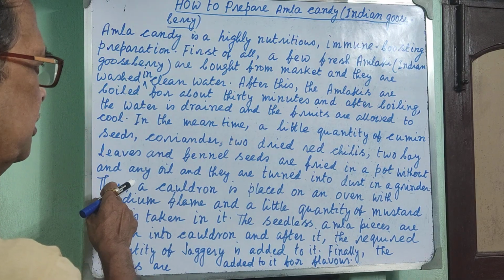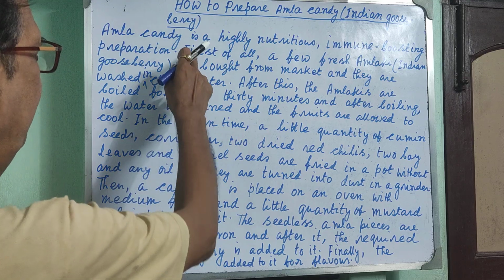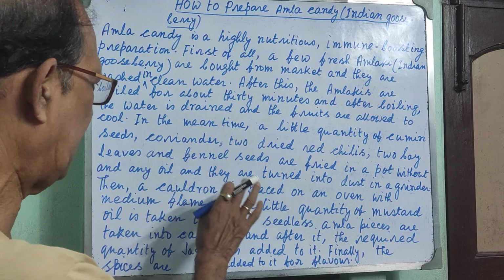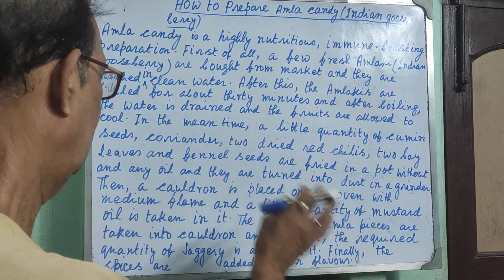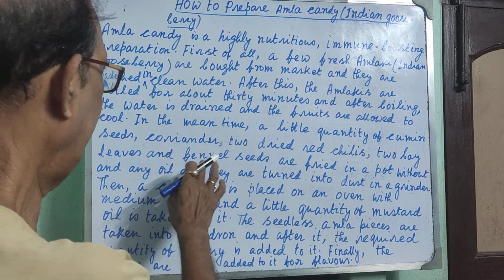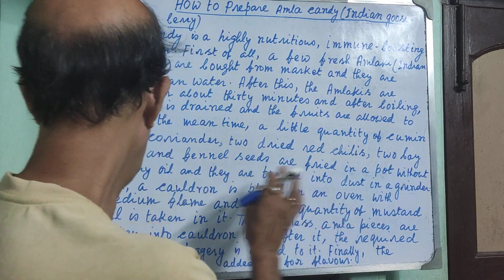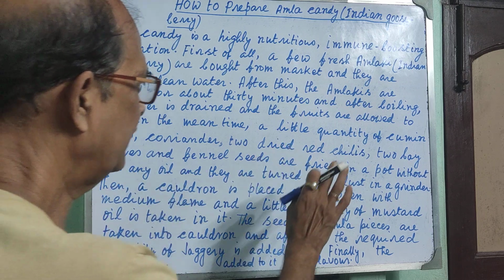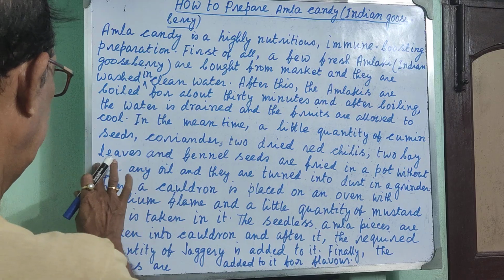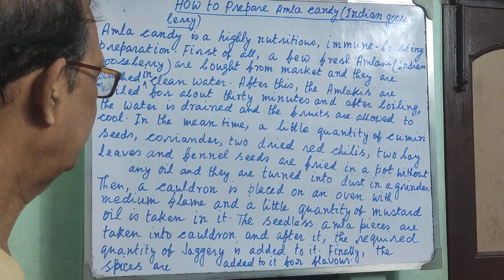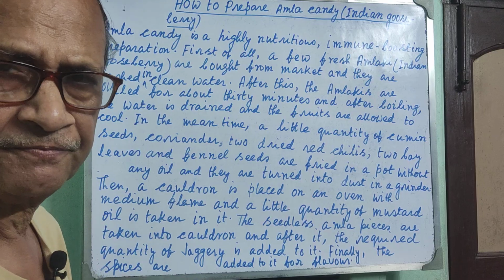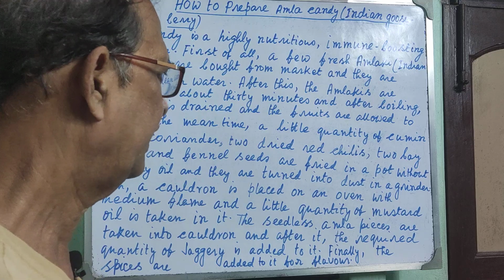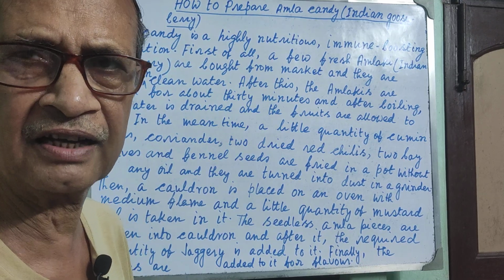Then you see that I have used then, here, in the meantime, first of all, etc. And the fried ingredients are turned into dust in a grinder, that is mixer and grinder.